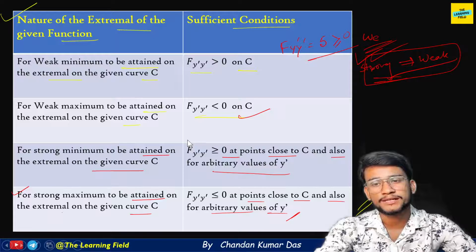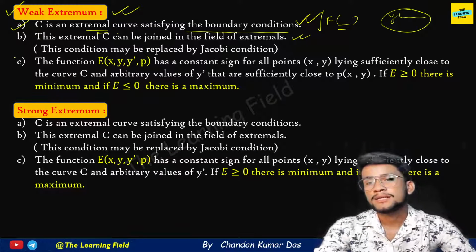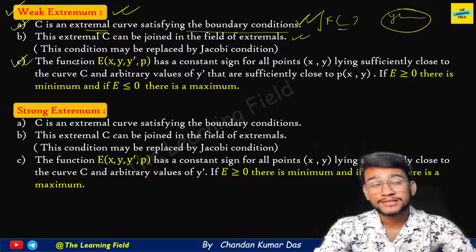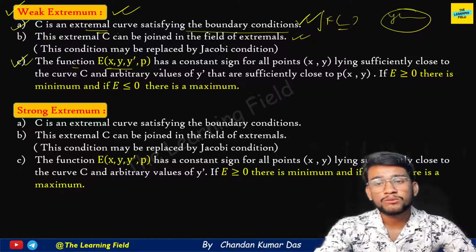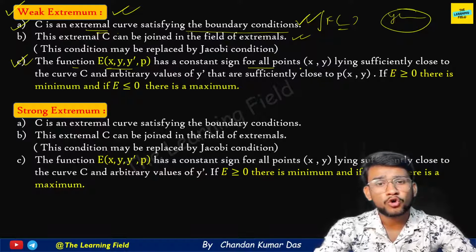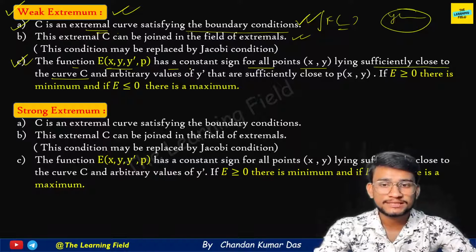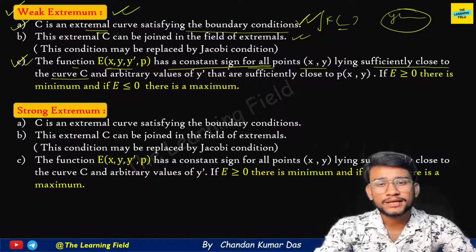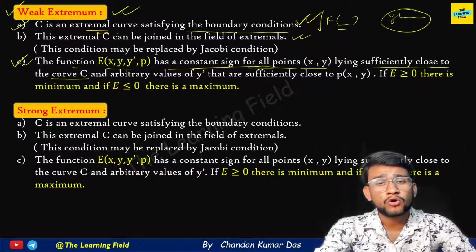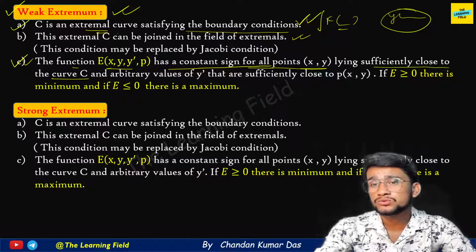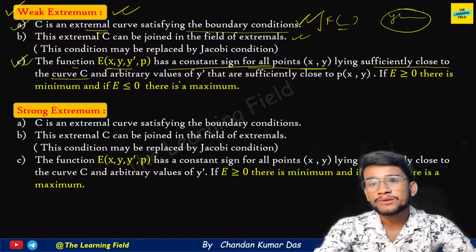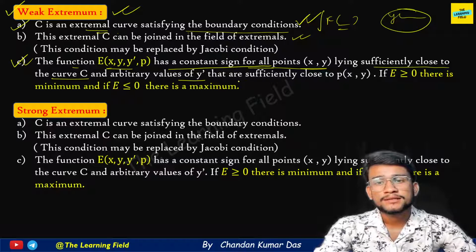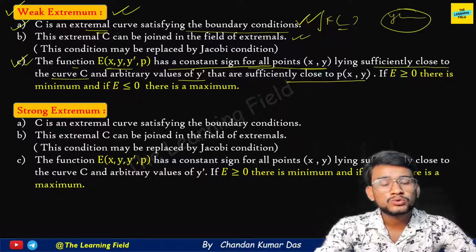And the last and final condition for the case of weak extremum is that the function E of x, y, y dash, p has constant sign for all points x, y lying sufficiently close to the curve C. This is the main line: the function E has a constant sign for all points x, y lying sufficiently close to the curve C, and arbitrary values of y dash that are sufficiently close to P.